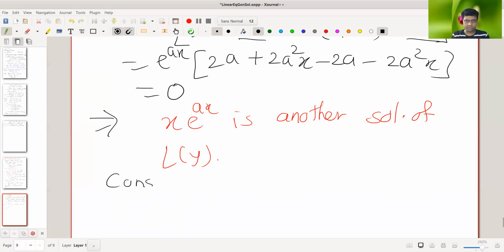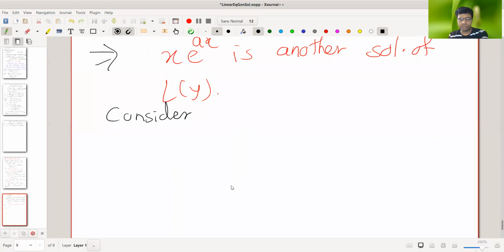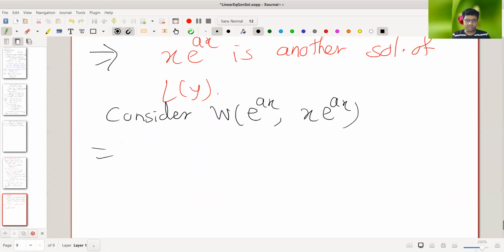Consider the Wronskian of e raised to ax and x e raised to ax. It is a determinant whose first row is these two functions e raised to ax and x e raised to ax.